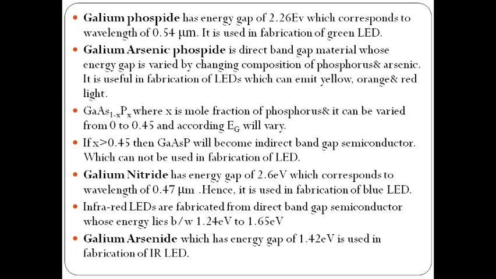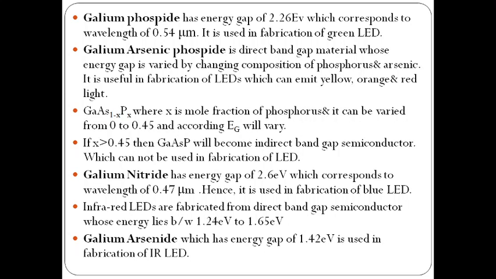So this gallium arsenide phosphide can be used as a yellow LED, orange LED, or red LED by changing its x value.